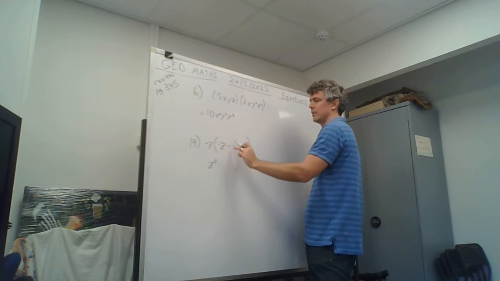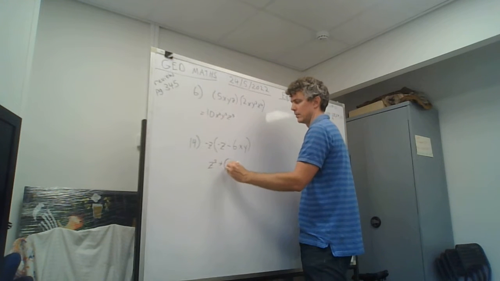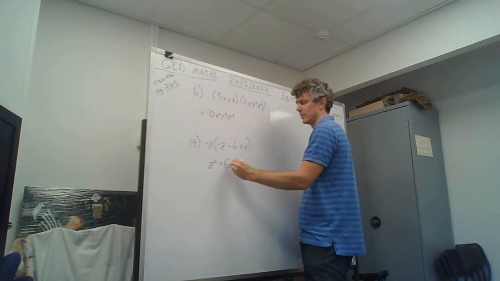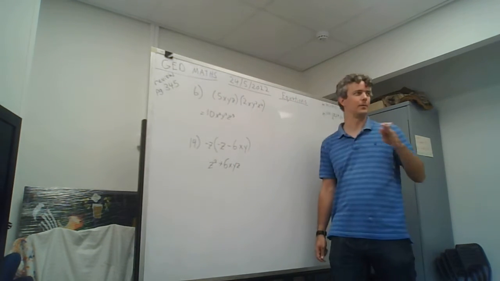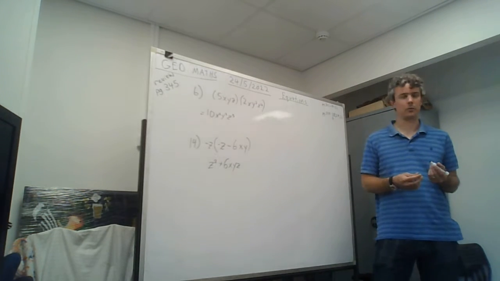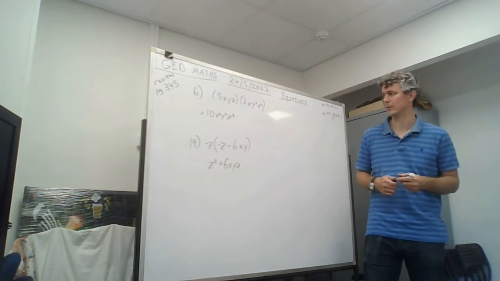So negative 1 times negative 6 becomes plus 6. And then z, x, and y, so we just put them all together. And usually by convention we write them in the order they come in the alphabet. We could put z, x, y, but we just write x, y, z in that order.